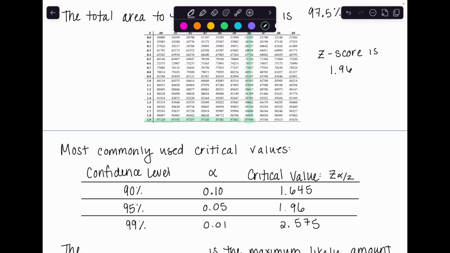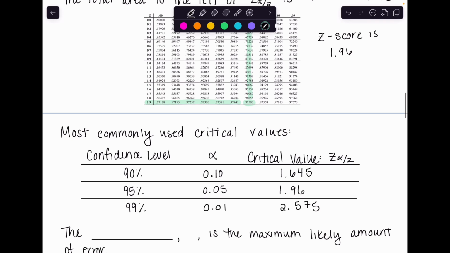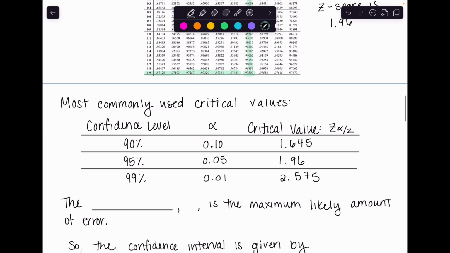But the problem is now, how do I actually find how this translates into what I need to add and subtract to get a confidence interval? And this is something called the margin of error. So the margin of error, which is denoted with an E, is the maximum likely amount of error.